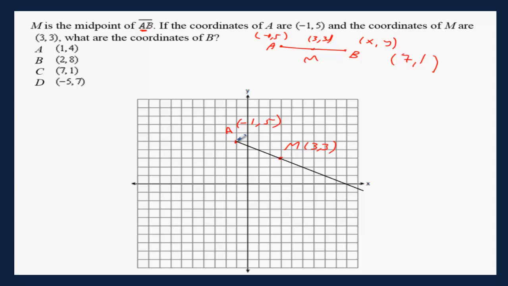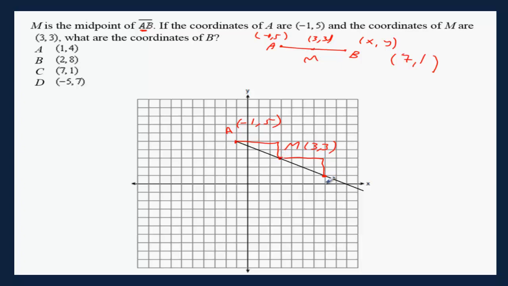From here to here, if you do a right triangle, you moved 1, 2, 3, 4 to the left and 2 down. And that's the point here.